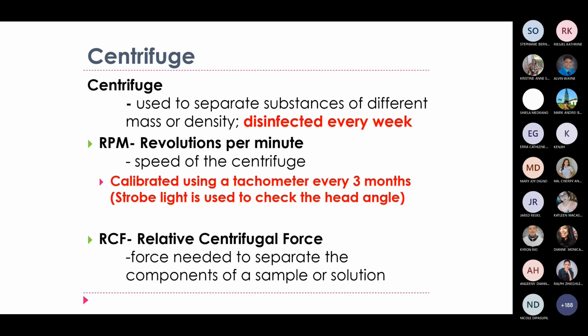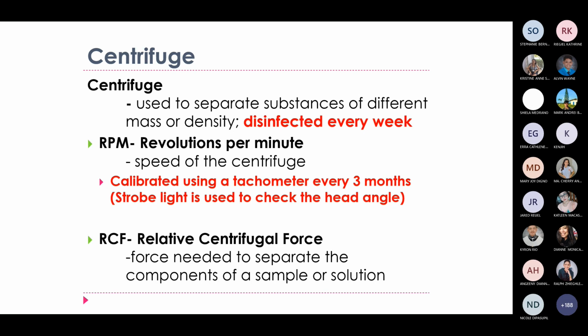So for RPM naman, RPM is equal to again, the square root, RCF divided by the quantity of the radius times 1.118. So yan, may quantitation dyan. Tapos kapag na-square nyo na yan, ano ba yung uunahin yung isolve? Yung nasa pinakaloob. So si radius times 1.118.